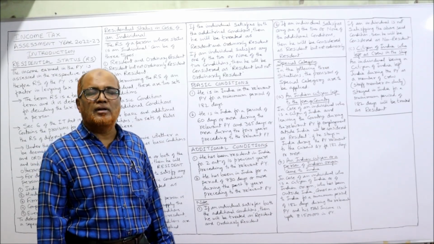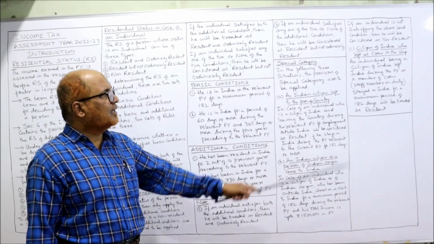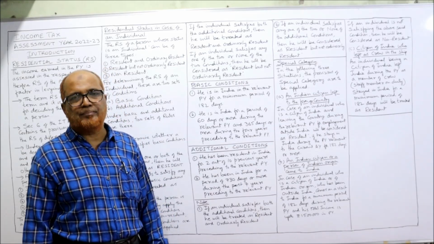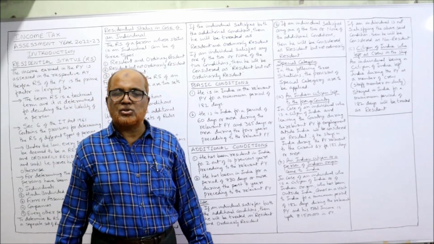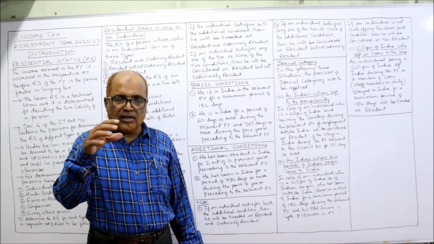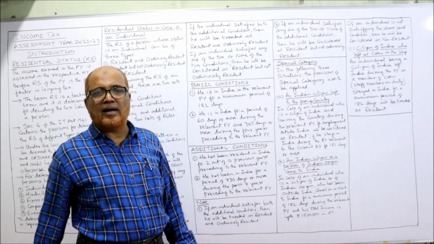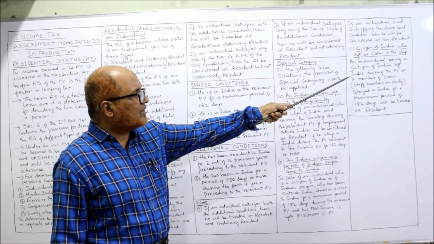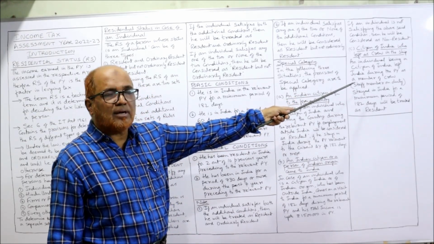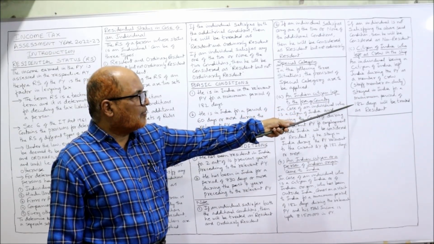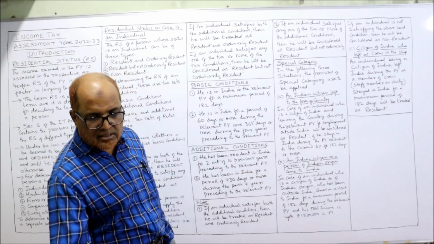Two conditions are over. The third special category is a citizen of India who left as crew in a ship. The staff members of the ship are called crew. So for the crew people, the provisions regarding residential status are: an individual being a citizen of India who left India during the previous year as a member of the crew, a staff member on duty, and stayed in India for a minimum period of 182 days will be treated as resident.